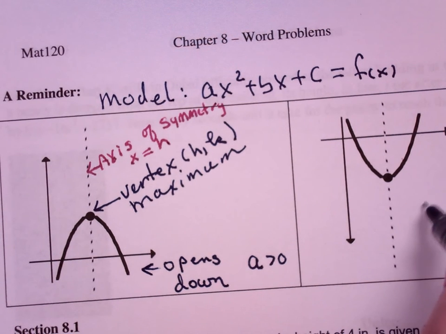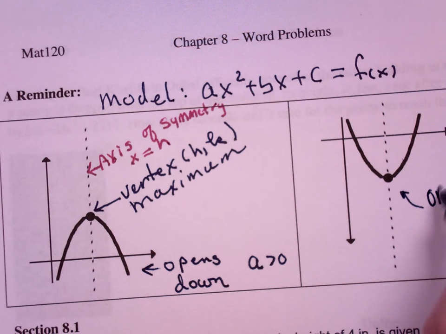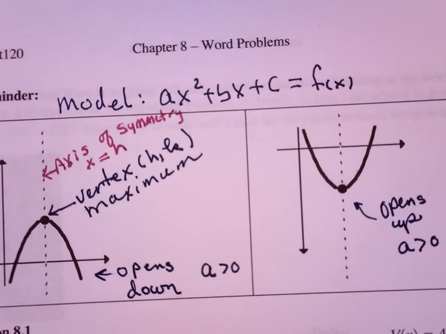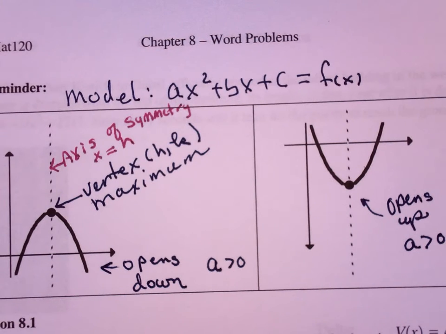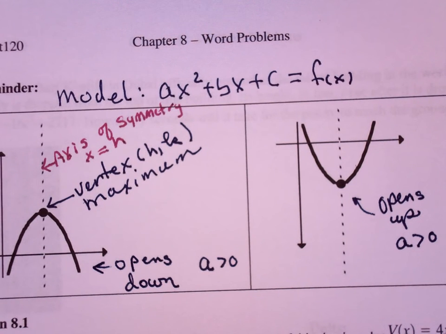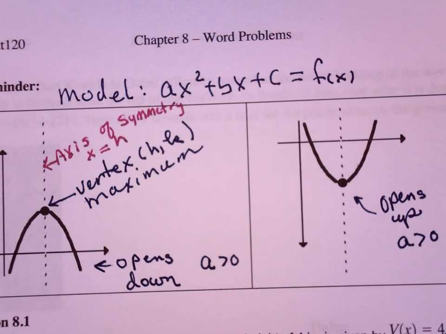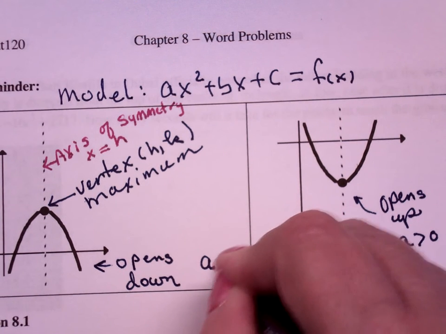If this one opens up, we know that a is positive. Oh, you did the other one opposite. You put a positive on that side. Oh, I'm sorry, that's because I'm used to having it that way.